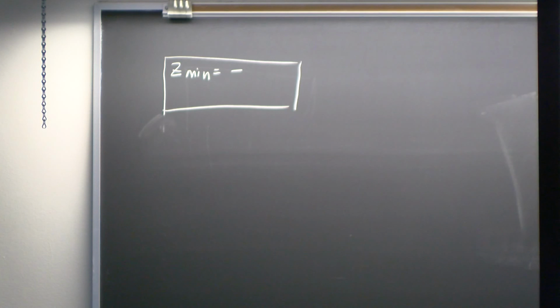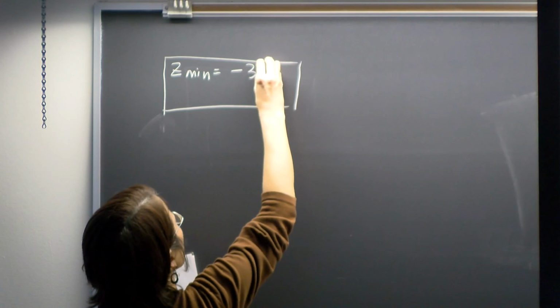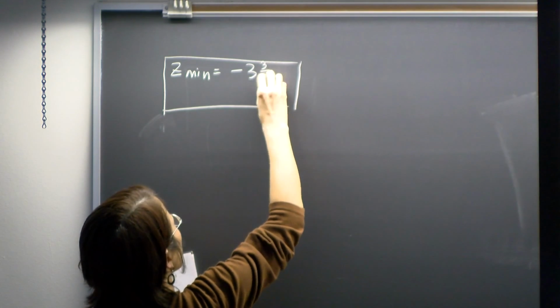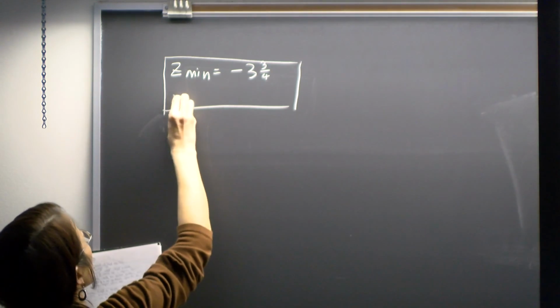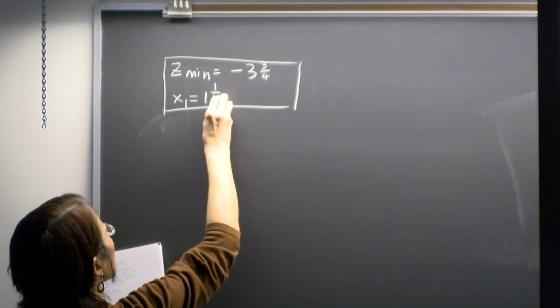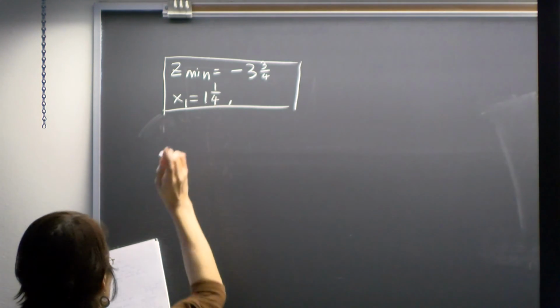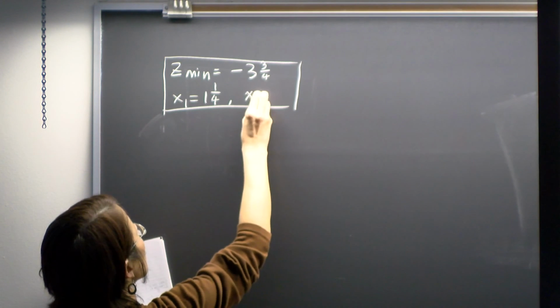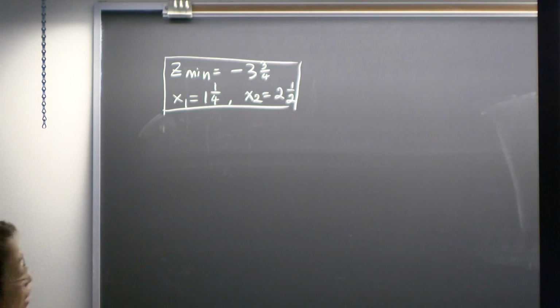You need to know what the integer there is. Is that okay? That part you have to do. So this gives me 3 and 3 over 4. It's this 3 that's important, okay? It's 3 point something. And x1 is 1 and 1/4. You want to do that also. Actually, you just need to figure out 1 point something. x2 is 2 and a half. That's the first step.